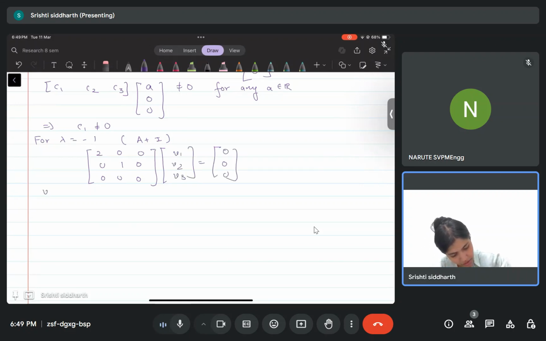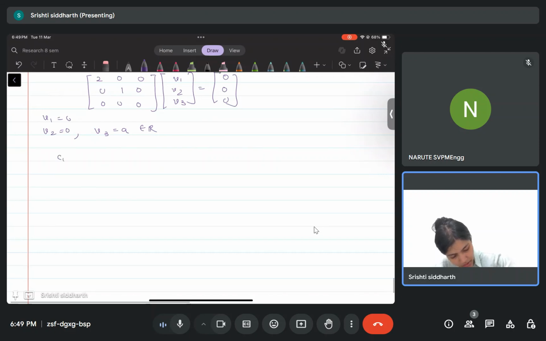So from the first equation V1 is 0, V2 is 0, and V3 can be any real number. So we want C1, C2, C3 applied to 0, 0, a to be non-zero for any real number.